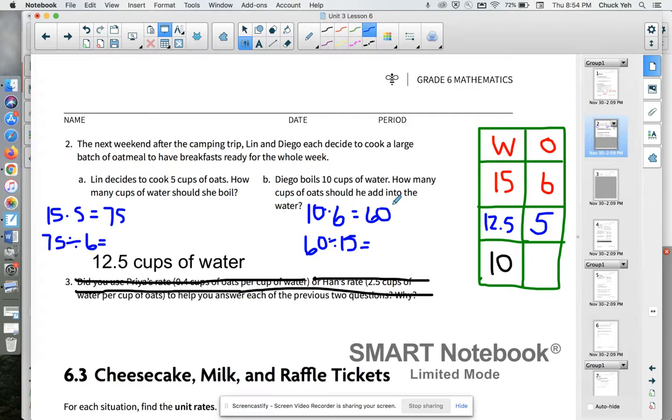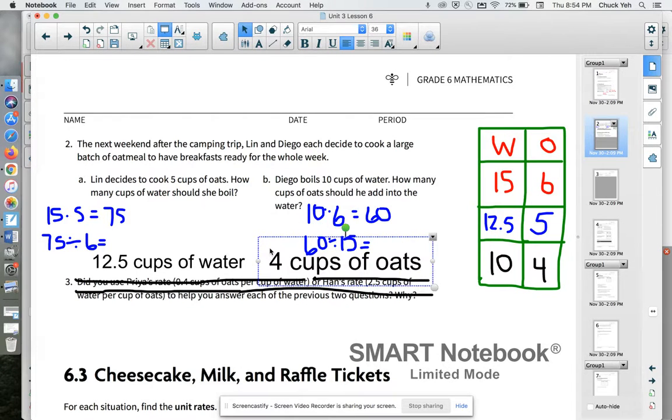I think that is 4, right? Yep, 4. So then this is 4. So 4 cups of oats. How'd you guys do? Pretty good? 4 cups of oats.